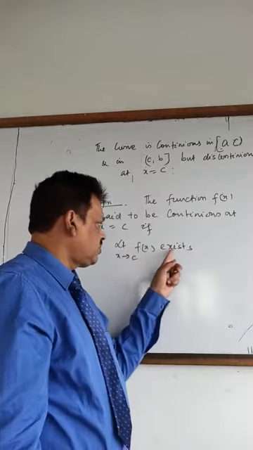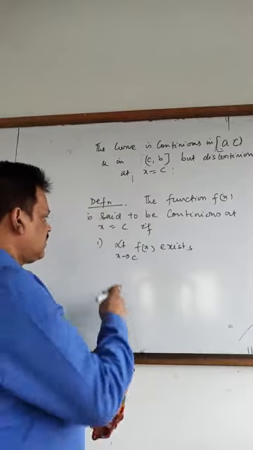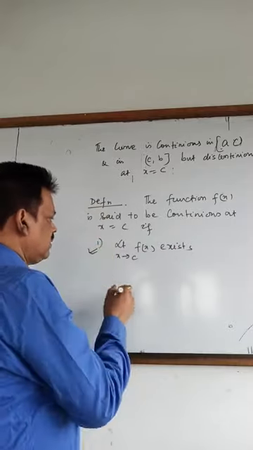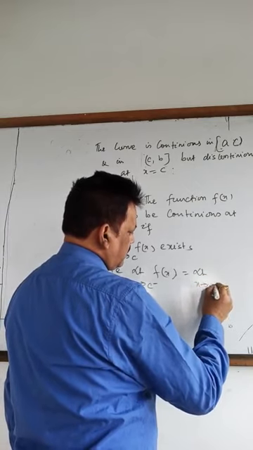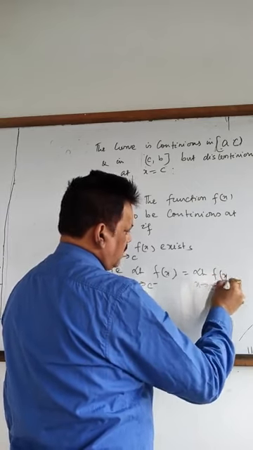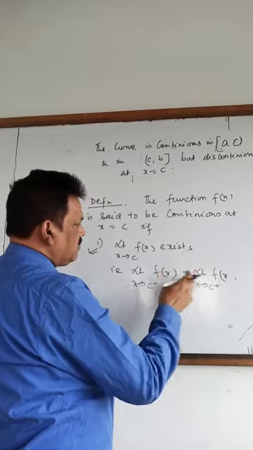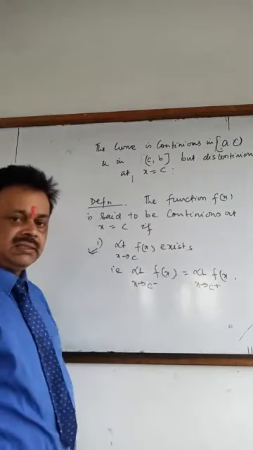This concept you have studied in class 11, but I am trying to explain it. That is, your left hand limit, see I have written here c minus, equals the right hand limit. If both the limits are equal, then you say the limit exists.